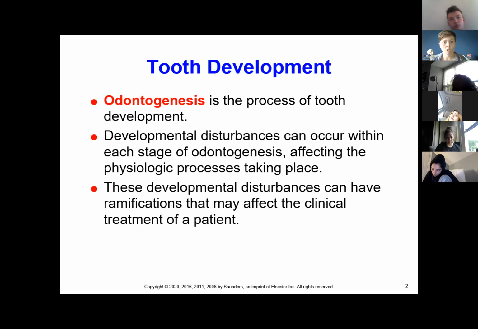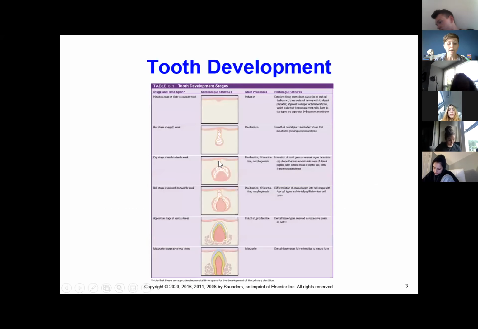Amelogenesis imperfecta, or they'll be learning about these different stages, that's when this happens. All right. So this is a great picture in your book. It talks about all the different stages of tooth development. It starts with your initiation phase, your bud stage, cap stage, bell stage, appositional, and maturation.